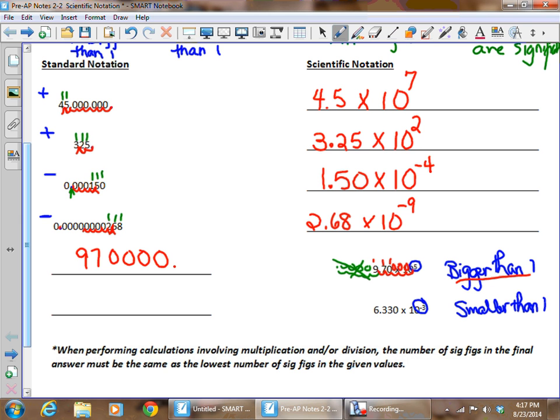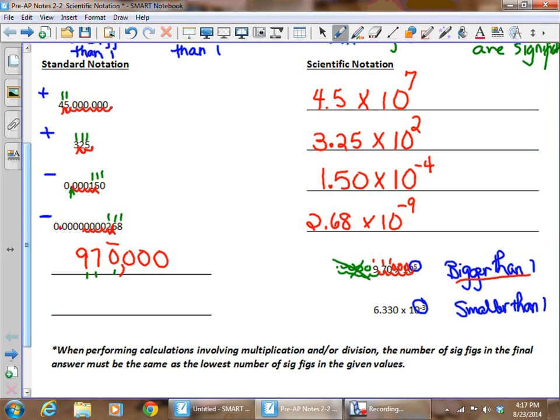This is very similar to one we did in a previous set of notes where we had to create 3 sig figs. We know we can't keep that decimal because if we do, all of those digits would be significant since the zeros would be significant since there's a decimal showing. So we know we've got to get rid of the decimal. And how's the only way we're going to get 3 sig figs out of this? We know the 9 and the 7 are significant, but we also need that 0 to be significant. What do? Hopefully you remember we need that bar over the top. So the answer to this value is 970,000.